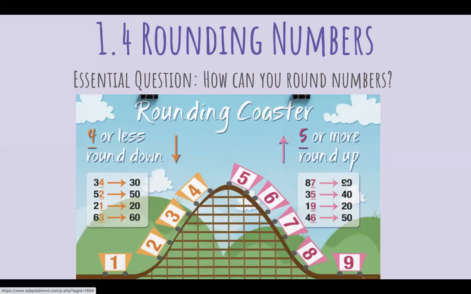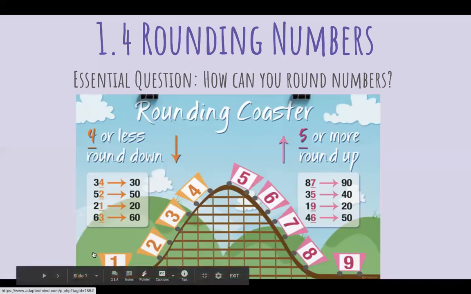It's closer to 90 than it is to 80, so we round up. We'll talk about that more as the lesson goes on: if a digit is 4 or less, so 4, 3, 2, 1, 0, then we round down. If it's 5 or more, like 5, 6, 7, 8, or 9, then we round the number up.